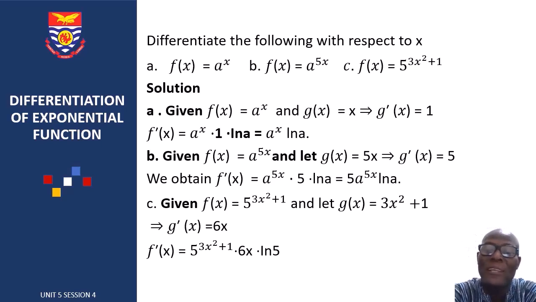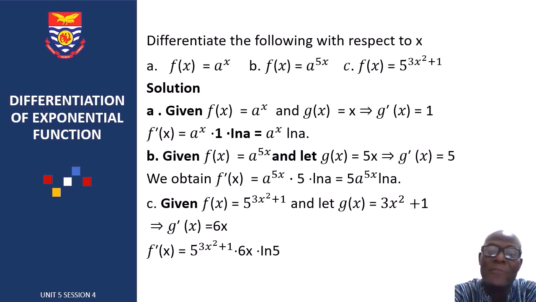Now 5 ln a is used to multiply the given function, and that gives a exponent 5x times 5 times ln a, which gives 5a exponent 5x ln a.